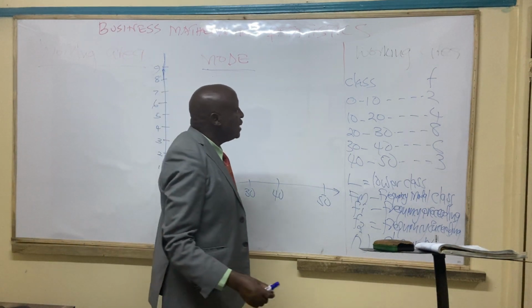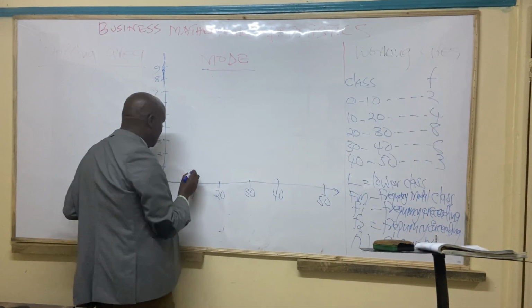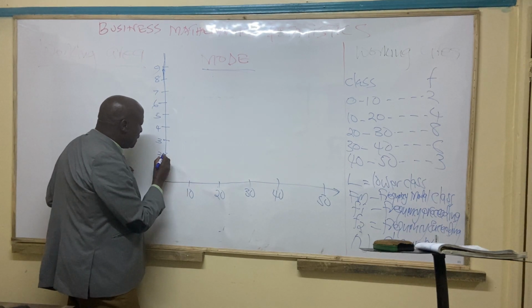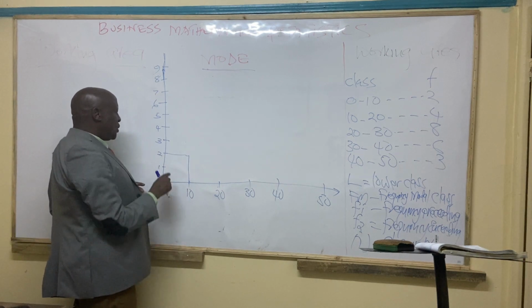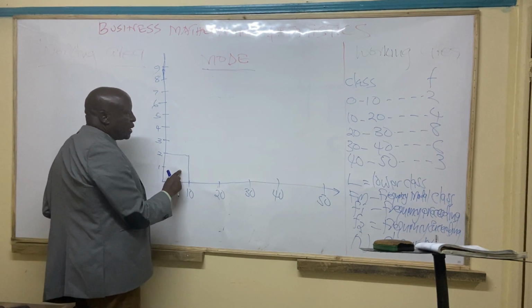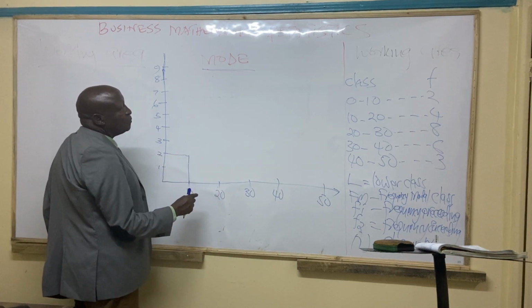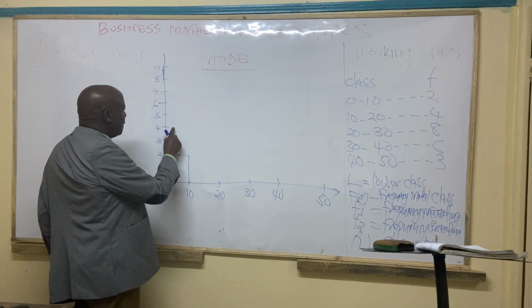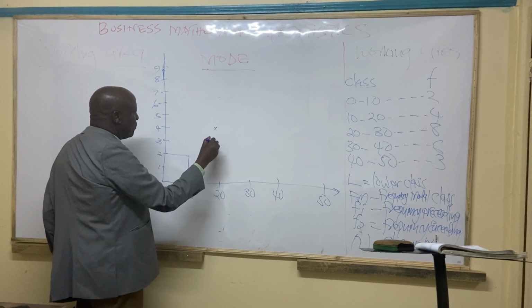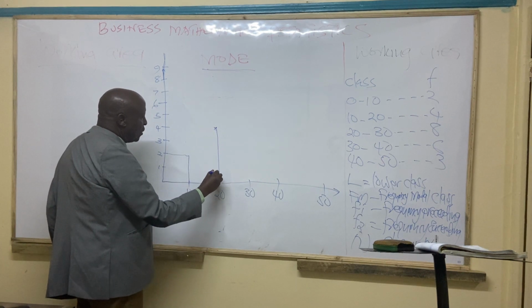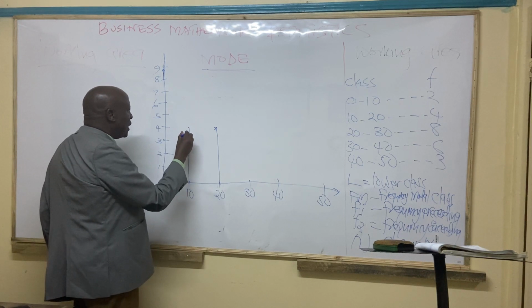So we say 10 goes by 2. So our histogram starts from this part. 10 by 2, and then 20 by 4. So 4 would be here, 4 would be here, and then 4.